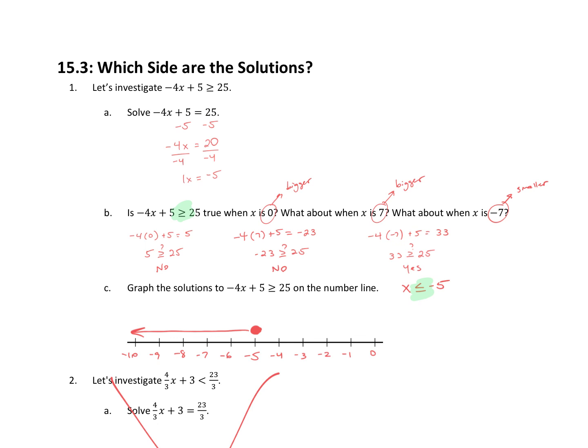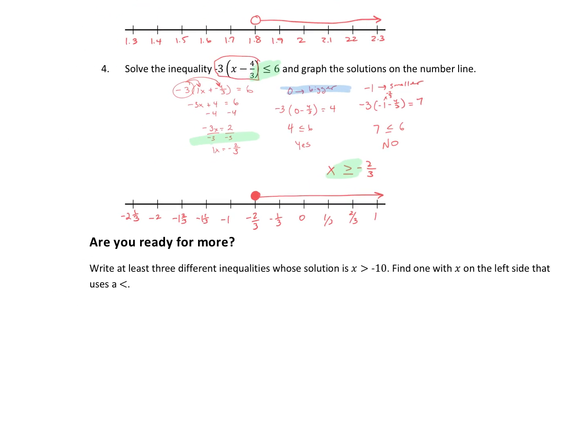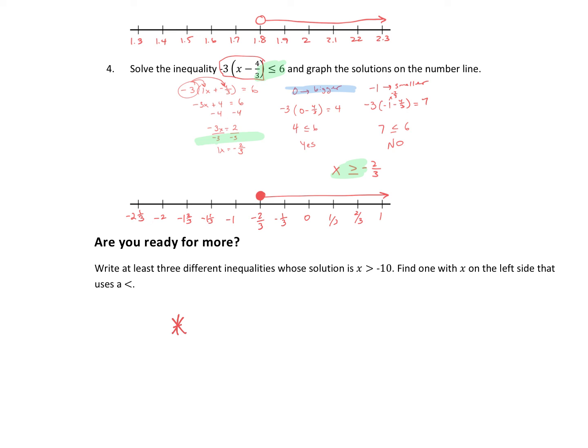And if we ask ourselves, what did both of those situations have in common? You may have noticed that they both had some kind of division by a negative number. We divided by a negative number here, and then we also divided by a negative number here. So this tells us that whenever we're dividing by a negative number, you need to flip the inequality symbol.